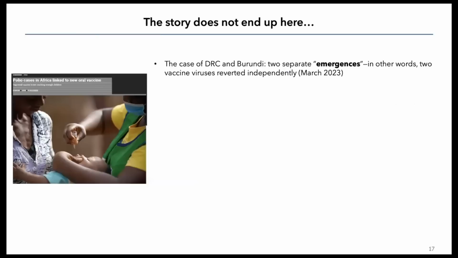I just wanted to mention that in very recent time, in March 2023, WHO reported that in the Democratic Republic of Congo and Burundi, there were 2 separate emergences, both in DRC, of strains that cause paralysis, unfortunately, in kids, and they were derived from nOPV2.